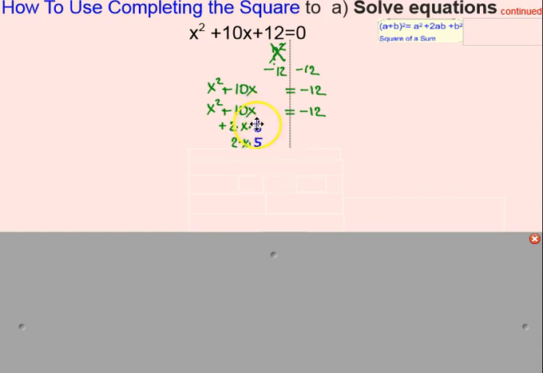This means that b, the term that is missing here that we desperately would like to gain, would be b to the second power, or simply 25.